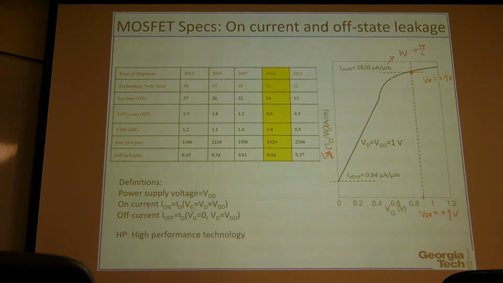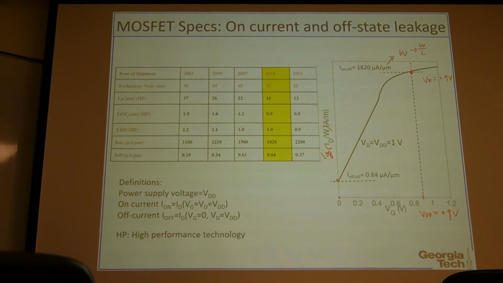Then what is off current? Off current is defined as the gate voltage equals 0, but the drain voltage equals VDD. So you still have the largest drain voltage, but the gate voltage is 0. In this case, you will get this exponentially decayed current, 0.84 microamp if the W is 1 micrometer wide.